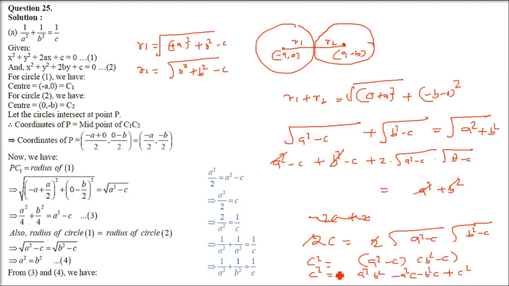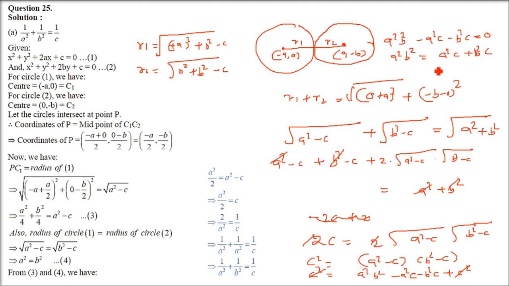Now I'm taking a square b square on one side, and on the other side a square c plus b square c. Then you divide the whole equation by a square b square. What do you get?